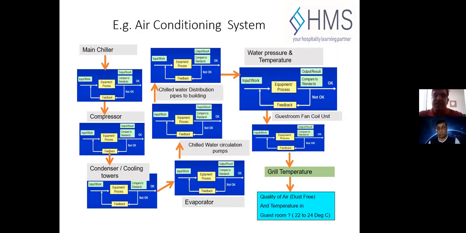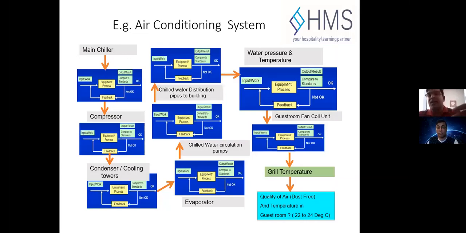Then in the chiller itself we have components which need to work, and if those components don't work, we will not be able to achieve the desired output of the air conditioning system. So you can see the compressors, condenser, cooling towers, evaporators, chilled water circulation pump, then chilled water distribution pipes in the building, then chilled water pressure and temperature in the pipes, and then the guest room.